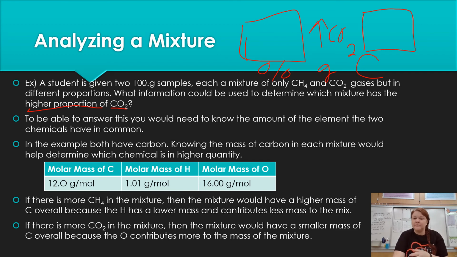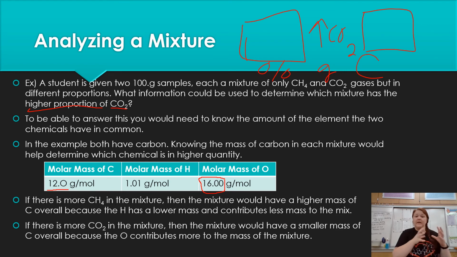When we think about CO2, that has 2 oxygens. That's 32 grams for every 12 grams of carbon, right? That's almost 3 times as much. That's a lot. So if we have a lot of carbon dioxide, we're going to shrink the amount of carbon we have.